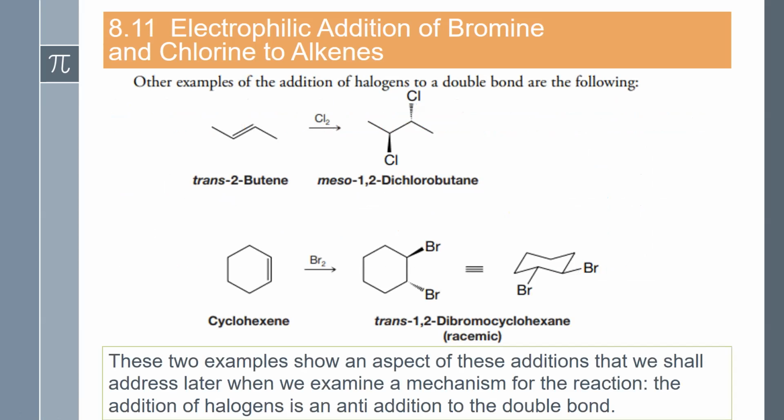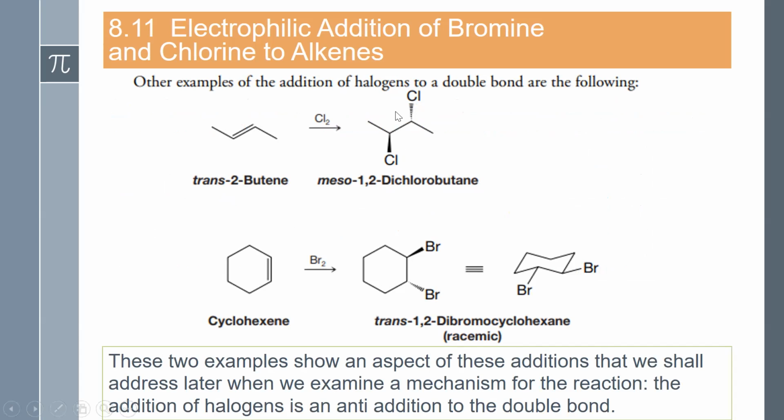So another example, you have, for example, trans-2-butene, and what you get here in the presence of chlorine is your 2,3-dichlorobutane. You have your cyclohexene. In the presence of bromine, you also get your vicinal dihalide.